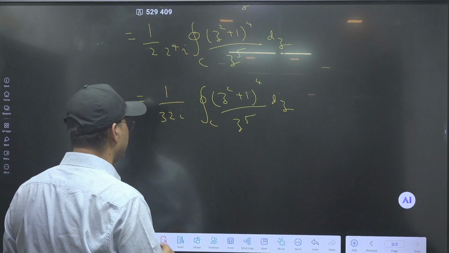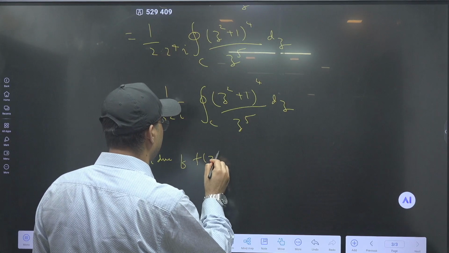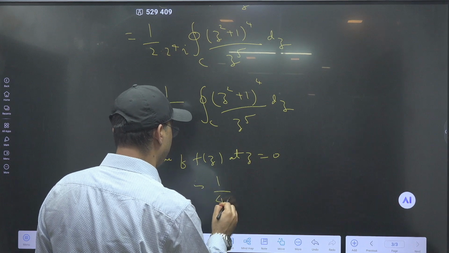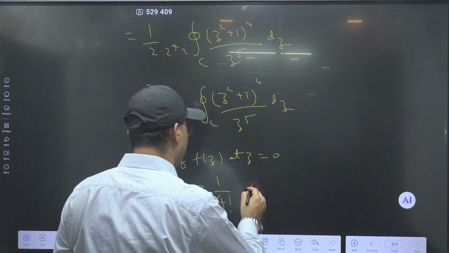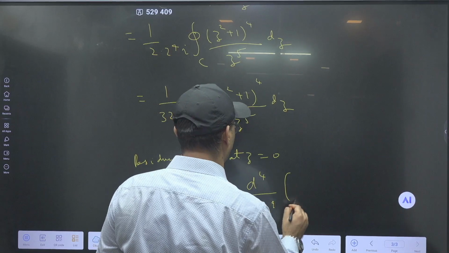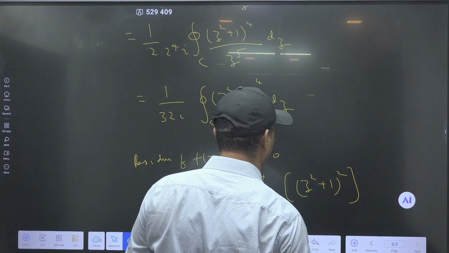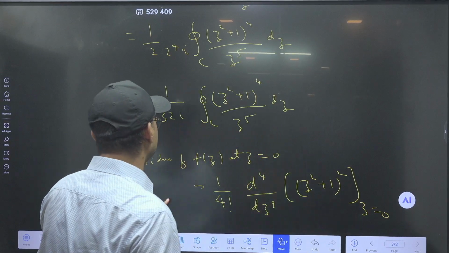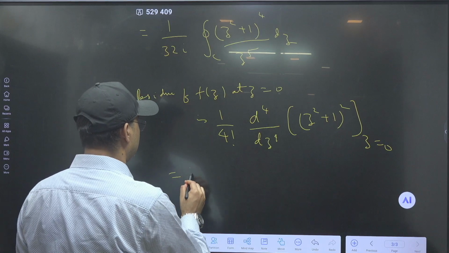That is, residue of f(z) at z is equal to 0 would be 1 by, because this is n plus 1, 4 plus 1, and how many times I need to differentiate this function? 4 times. And what is my function? This is my function, correct? So I have to put z is equal to 0. So this is the residue that I need to find out. So let me find out the residue. Okay, so this is 1 by 4 factorial.